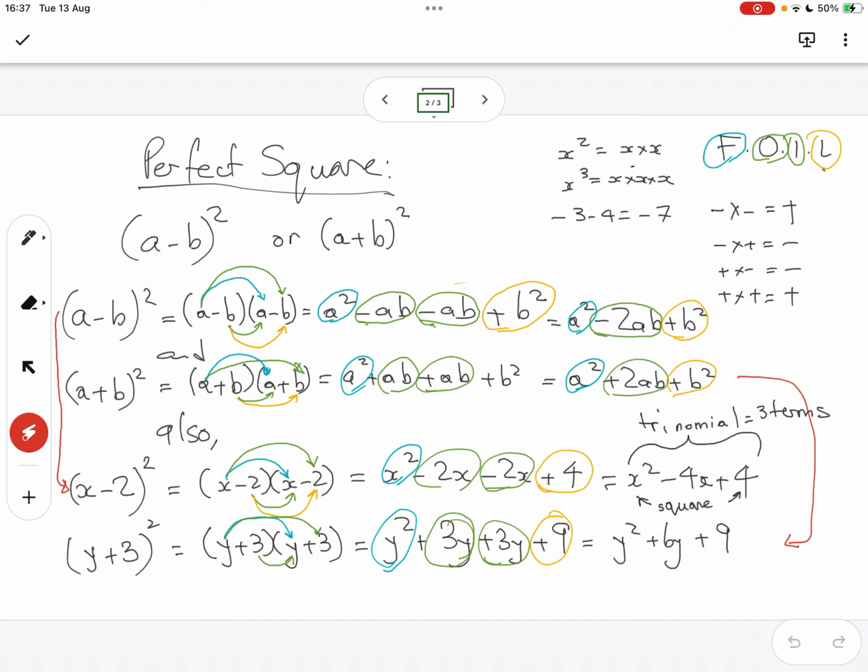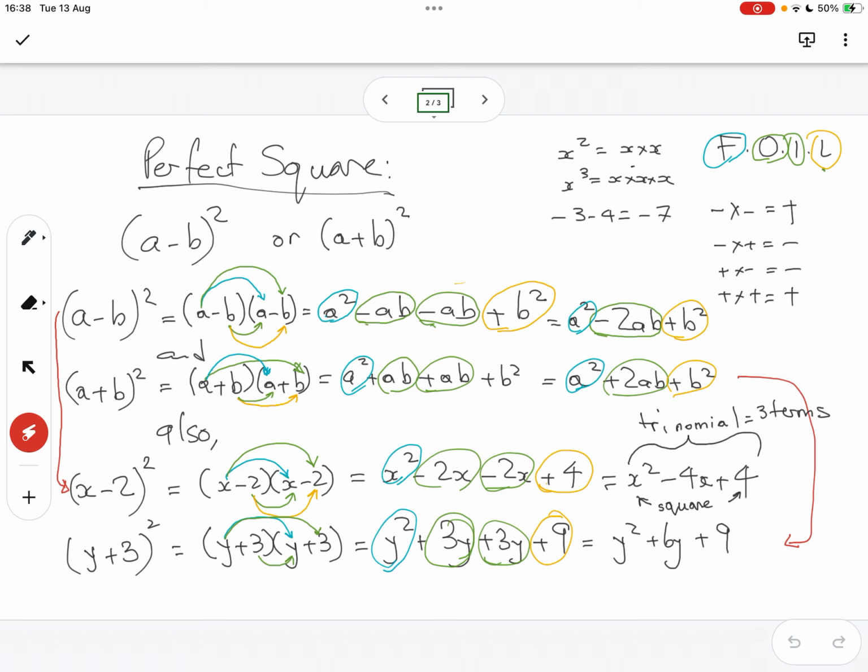You see? And that is also because this is a perfect square. So because it's always a perfect square, we always have positive and positive. Maybe in the middle we might have a negative, if you have a negative sign there. Yeah. So those are the differences between these two, but they work the same.